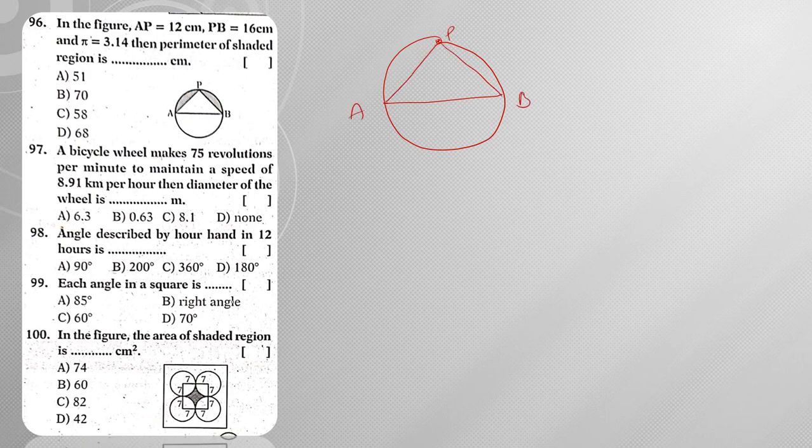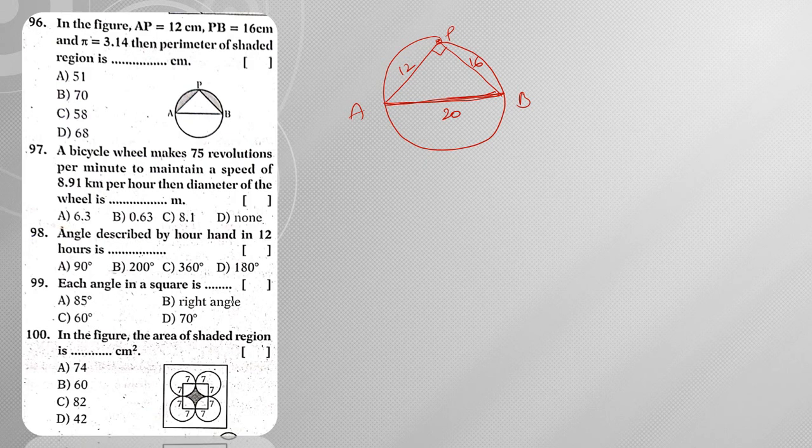Now clearly, AP is 12 centimeters and PB is 16 centimeters. Then this is 20 centimeters by Pythagoras theorem. Now here AB is nothing but the diameter, right? Now what do I need to find? I need to find the perimeter of this particular part.